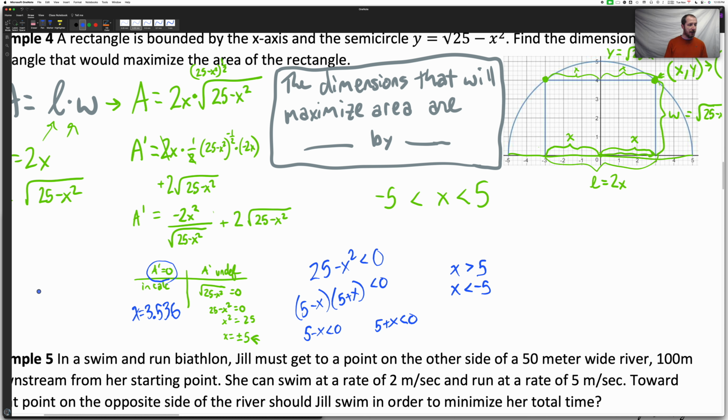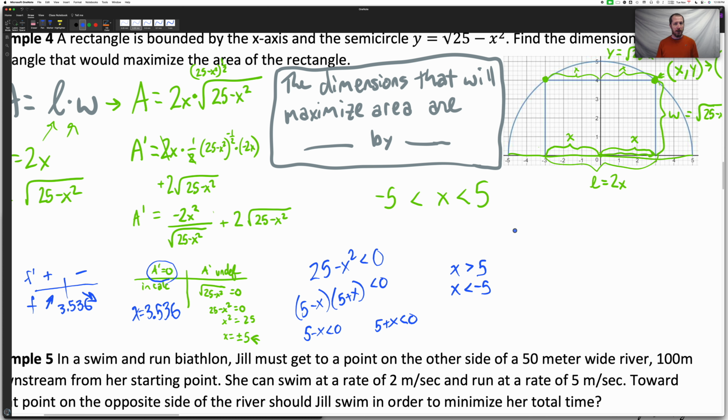And we could see on our derivative graph that it went from positive to negative. It had that negative slope there. So that tells us our original function changes from increasing to decreasing, which again verifies that it is a max and not a minimum.